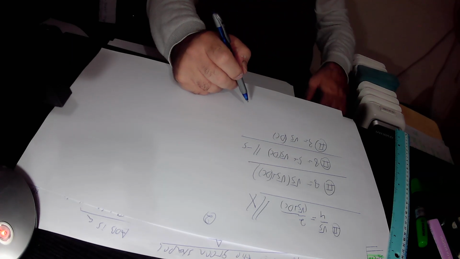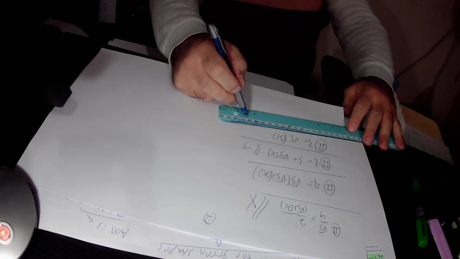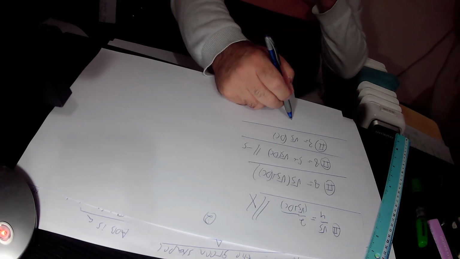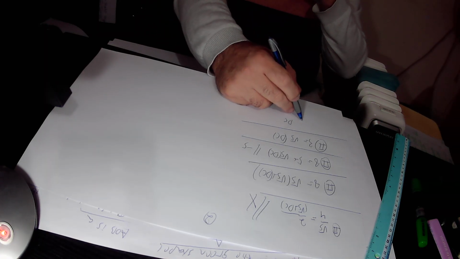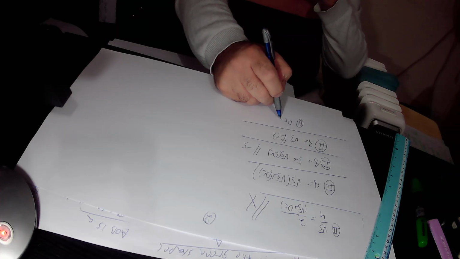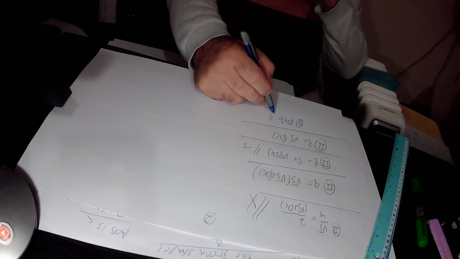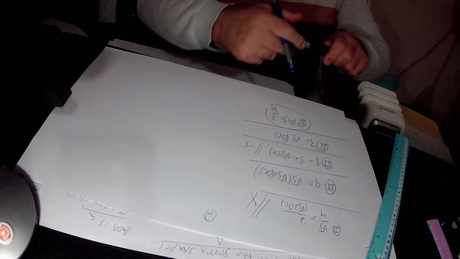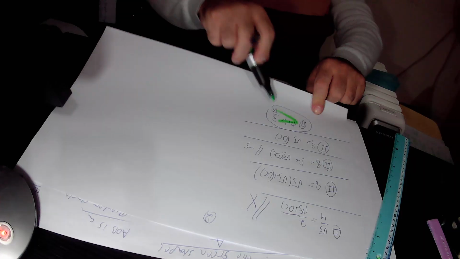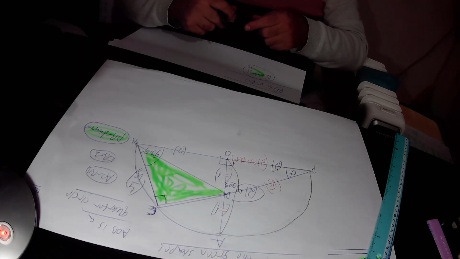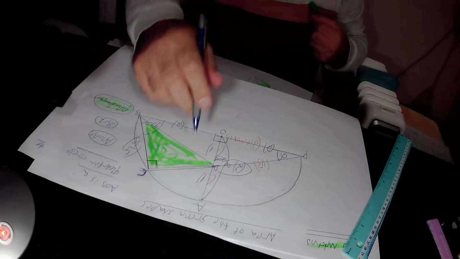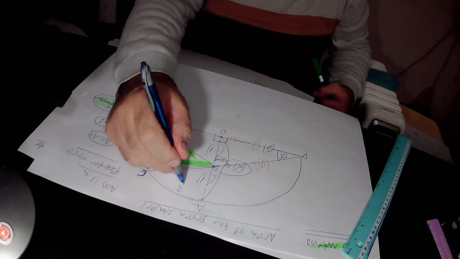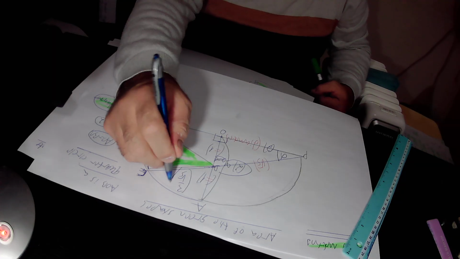Here we divide this equation by square root of 5, and finally get that the missing side DC is equal to 3 over square root of 5 units in itself. This is the missing side DC.